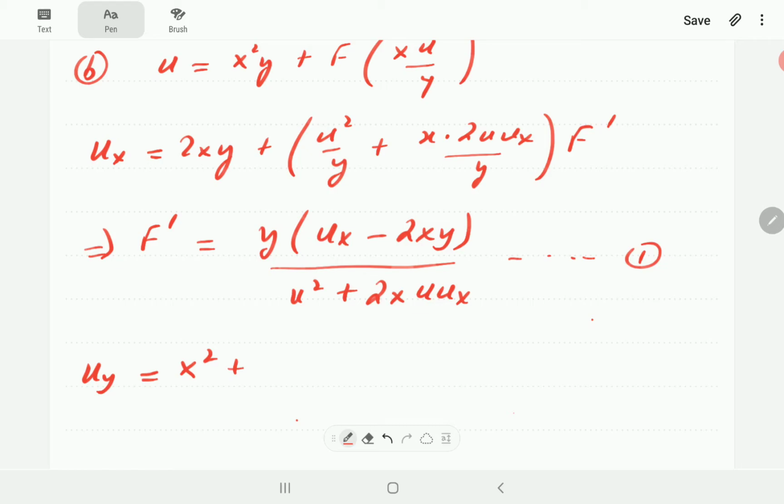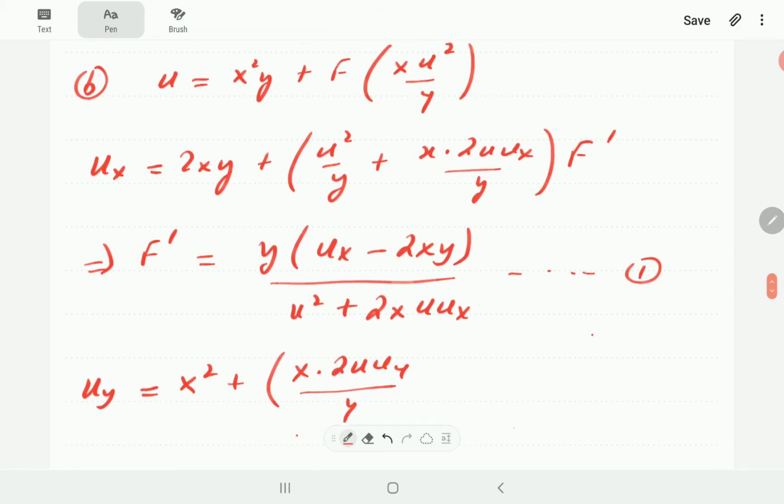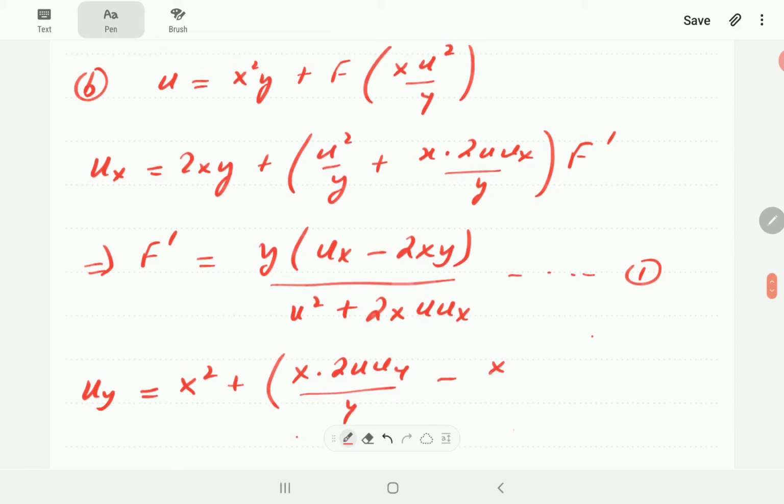Then if we start by differentiating the u squared, it's going to be 2u uy this time divided by y, and then we're going to have x u squared over y squared when we differentiate the y using the chain rule.